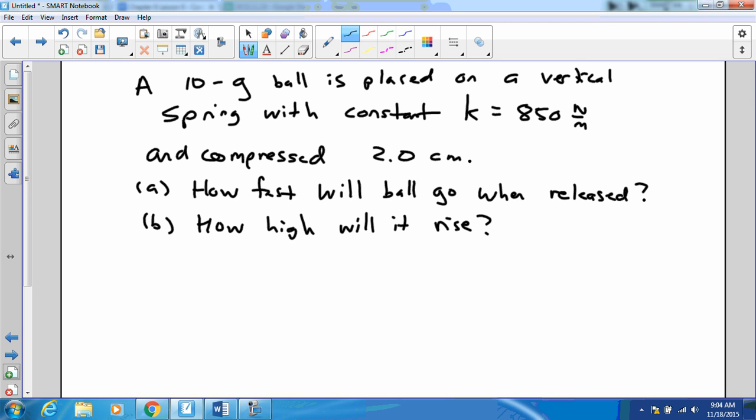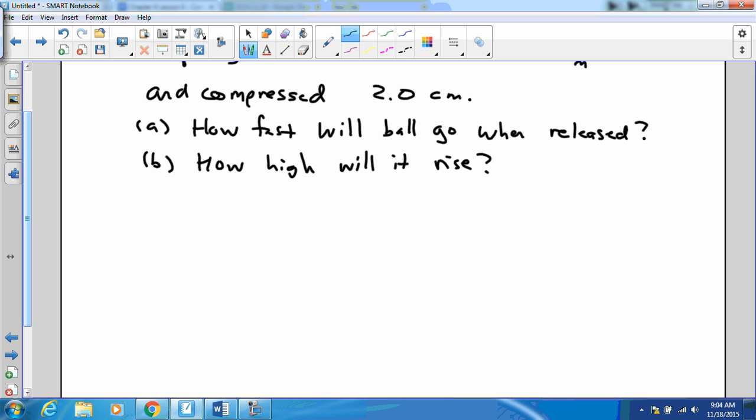Energy accounting makes this kind of thing snap. But we do need a picture first, so that we can decide on our 0 point. So here's our picture. We have a ball placed on a spring like so. Here we are in the equilibrium position, y equals 0.